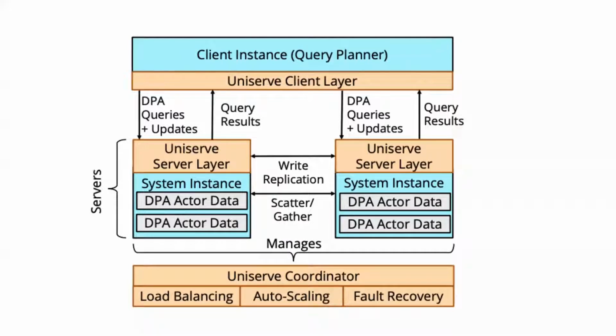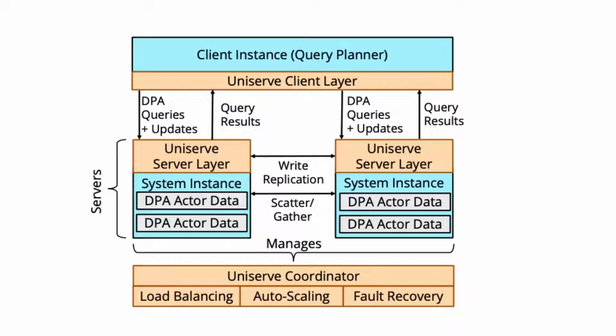The server layer actually facilitates query execution. It receives query operators and updates from clients. Devs have already written the mapping from their query to the Uniserve operators, so the servers receive those and execute them in the underlying system using the DPA interface.